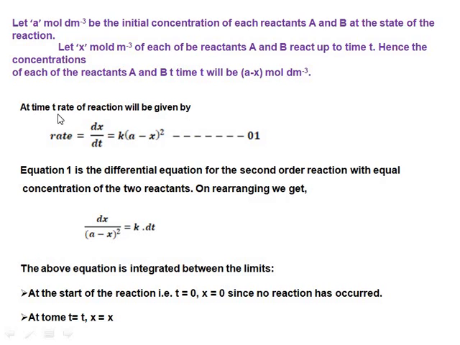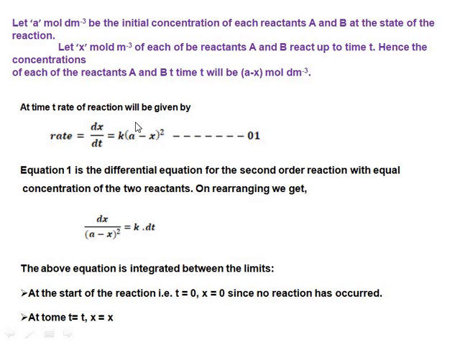At time t, the rate of the reaction is given by rate equal to dx by dt, equal to k into (a minus x) squared. This is the differential equation for second order reactions with equal concentrations of the two reactants.